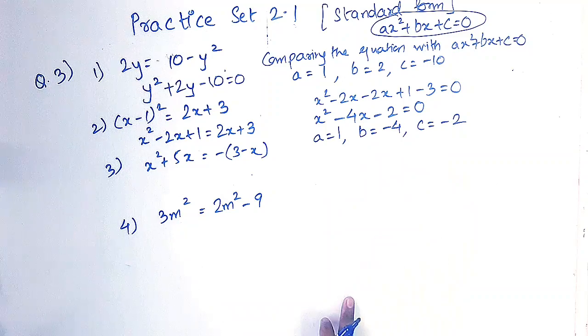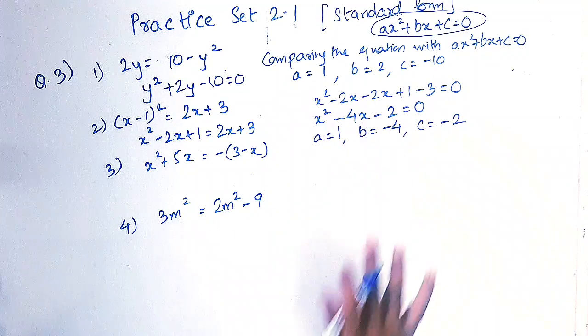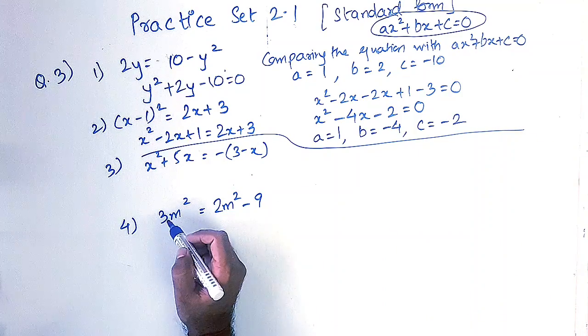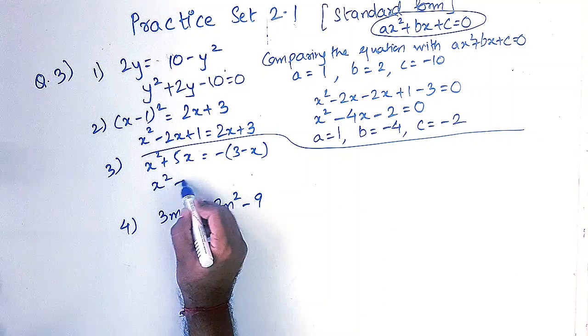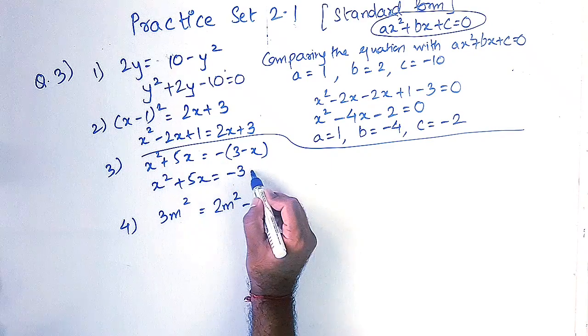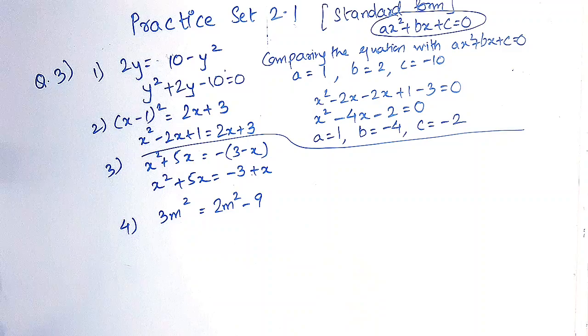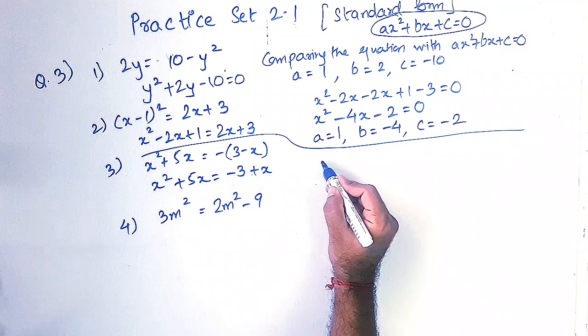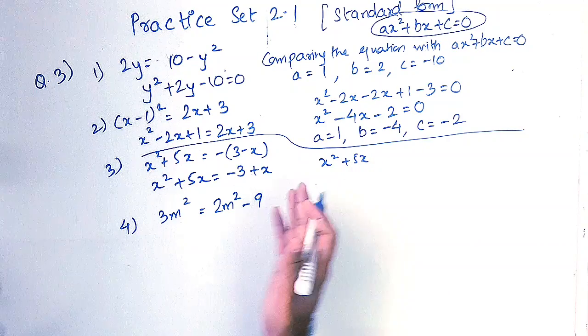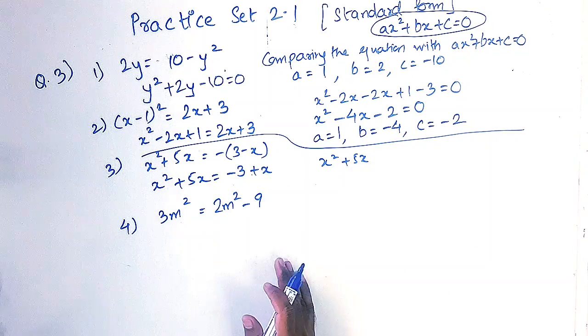Okay, as you can see, comparing the equation with this. So with this we have done our second one. Let us do our third one. x square plus 5x, on opening the bracket this will become minus 3 and this will become plus x. Okay, solving it further, it will be x square plus 5x, everything I am bringing into LHS.